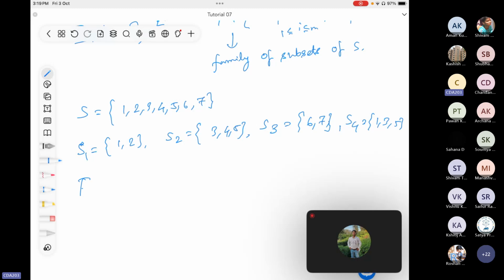This F could be this collection of S1, S2, S3, S4. So this F is a family of subsets of S. There is a basic difference between a family of subsets and the elements of a set. An element of a family of subsets is actually a subset of S. So each of these is a subset.